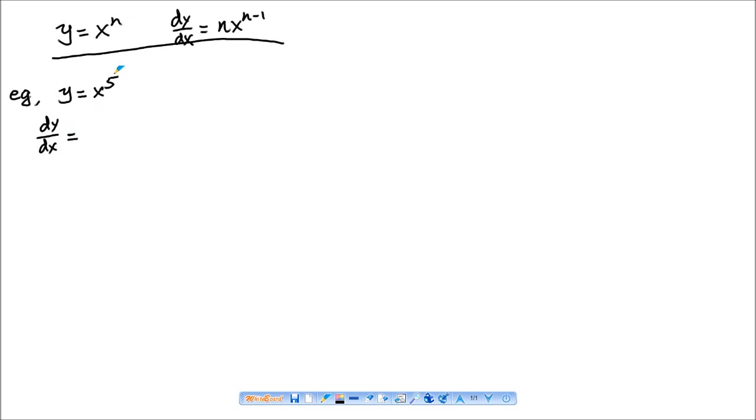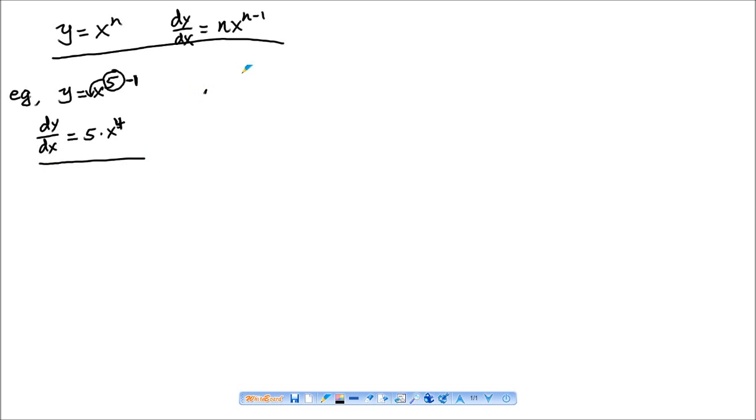Basically we move the 5 to the front and leave the power with the original power minus 1. So I will have 5 times x power 4. Okay, 5 minus 1 is 4. This is how we do it.